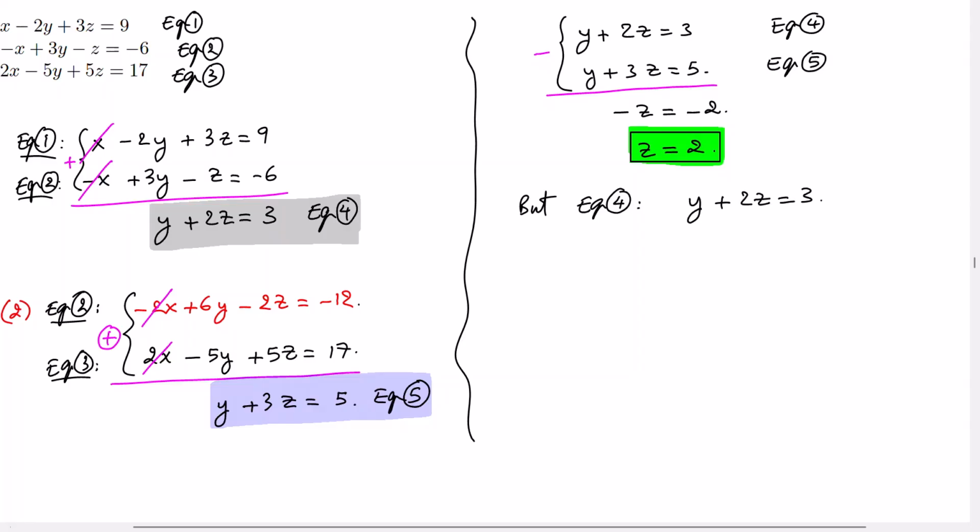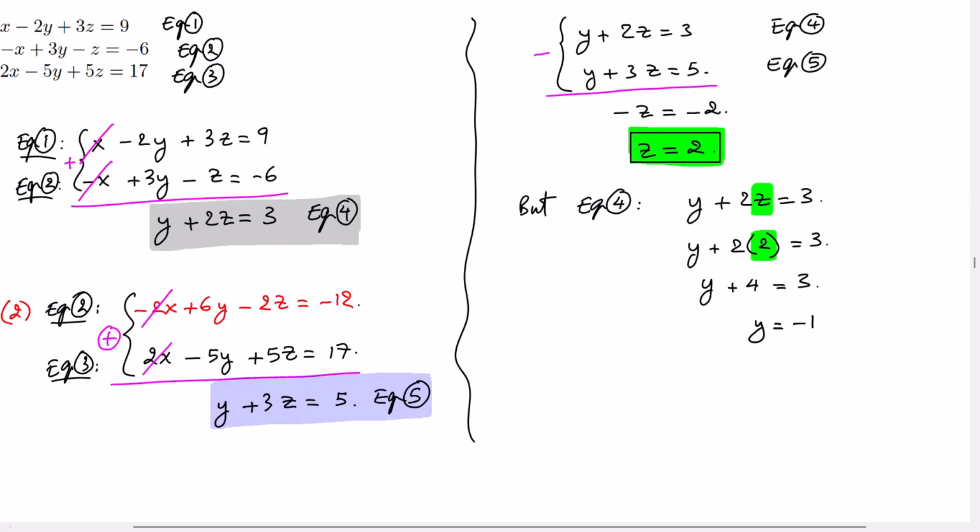But I just discovered that z is 2, so that means y plus 2 times 2 should be equal to 3 because z itself is now 2. And so how much is y going to be? So y plus 4 has to be 3, which implies that y has to be negative 1. And that's our second missing variable.